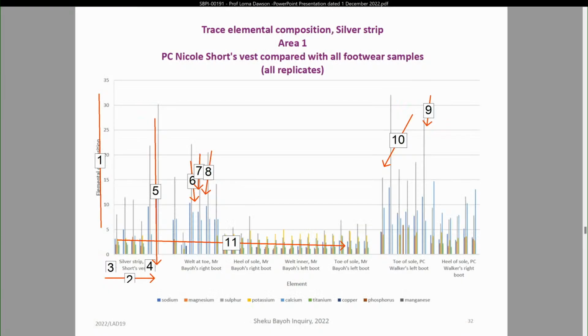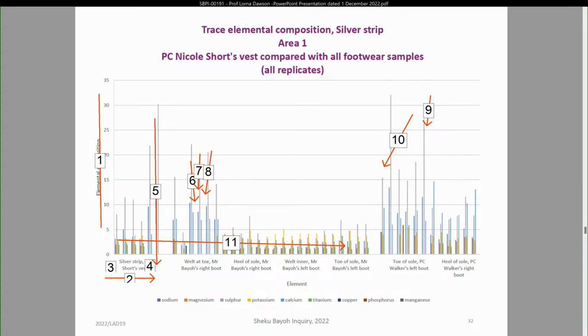There were only 2 of the replicates on the toe of the sole of PC Walker's boot that shared those characteristics. The other replicates didn't. But yes, I would say as well that those were morphologically different to the ones on Area 1 silver strip.